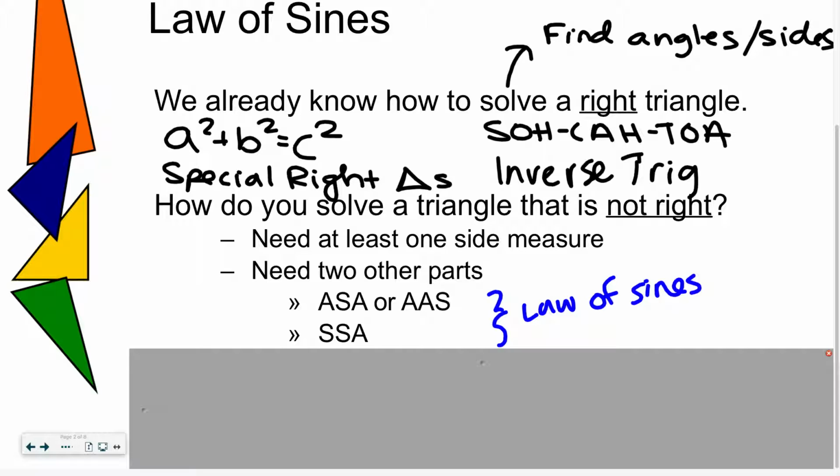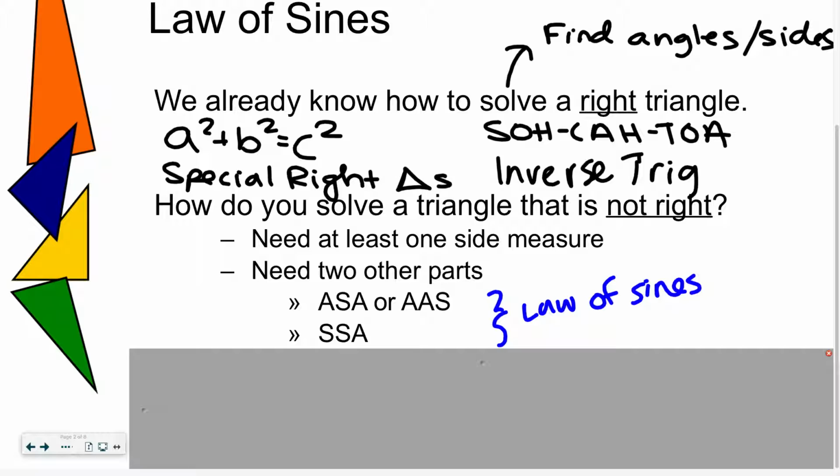So SSA is acceptable for the law of sines? Well, we're not proving things congruent, so we don't care. I'm not using this to prove anything. So side angle is not a congruence postulate or theorem.